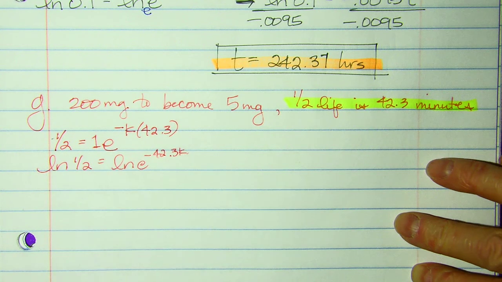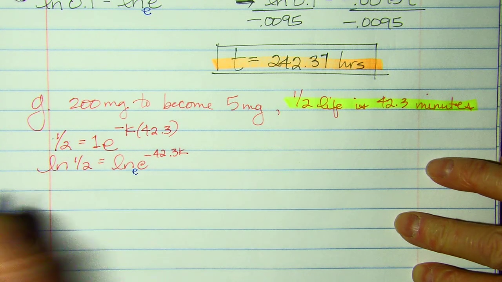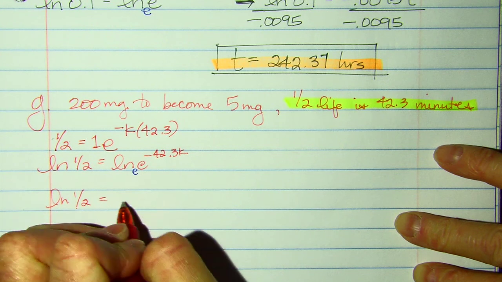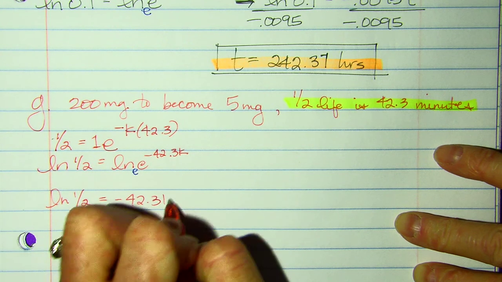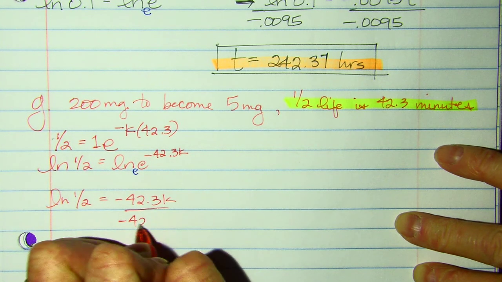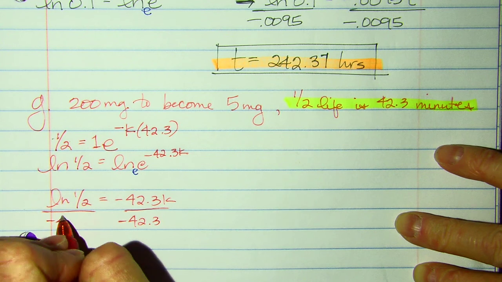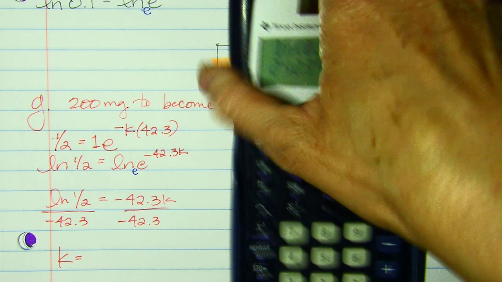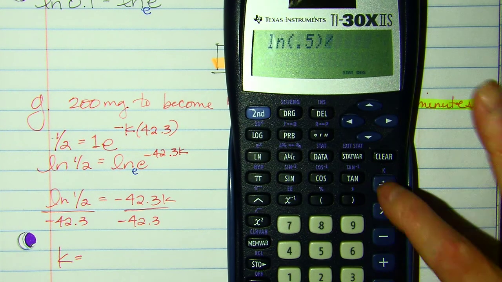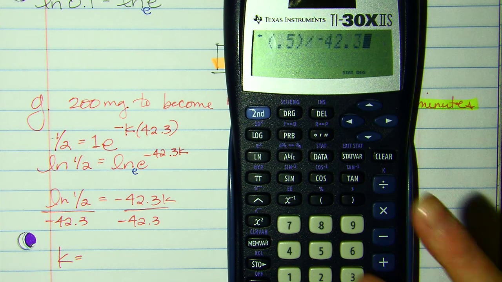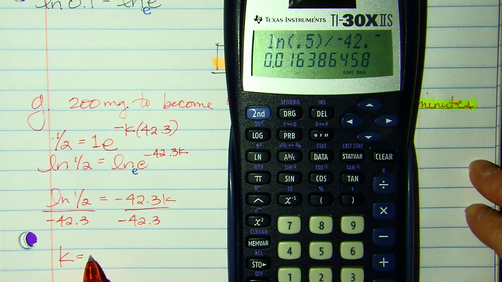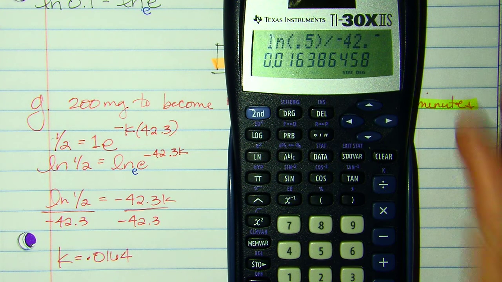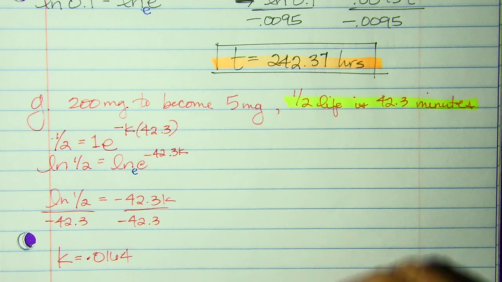There's an invisible base of e here. So I have the natural log of 1/2 equals negative 42.3k, and we would divide by negative 42.3. And so k equals the natural log of 0.5 divided by negative 42.3, and I get 0.0164.